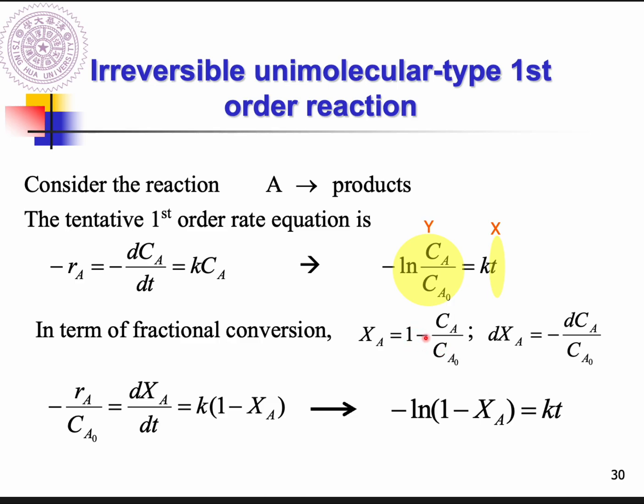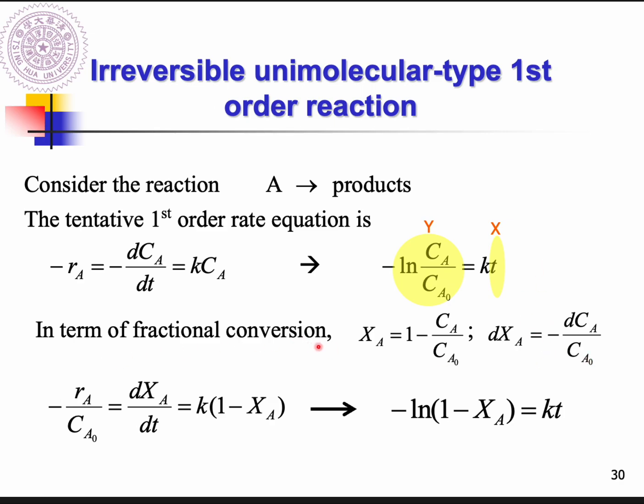You use 1 minus the remaining fraction of reactant A, which means how much of reactant A has been converted to product. So in this case, we use XA. We also take the derivative of this equation, and since CA0 is a constant, we get dXA equals minus dCA over CA0.